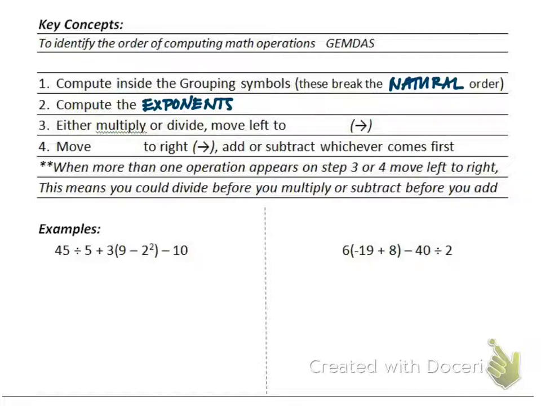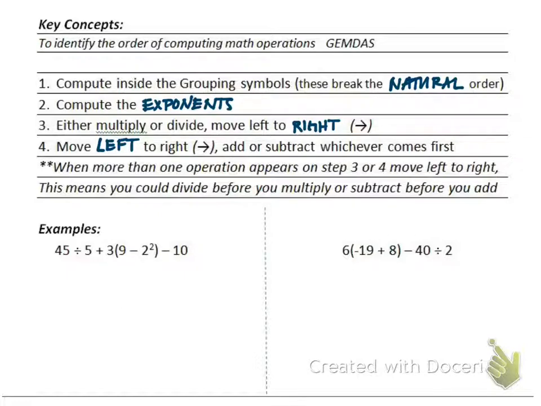And then we're going to multiply or divide on step 3 by moving from the left to the right. Step 4, once we've taken care of our exponents and our multiplication and division, we're going to move from left to right and take care of our addition and subtraction, whichever comes first from left to right.